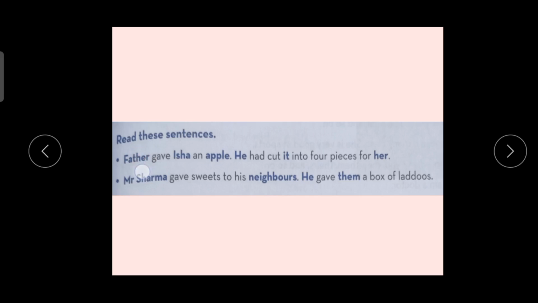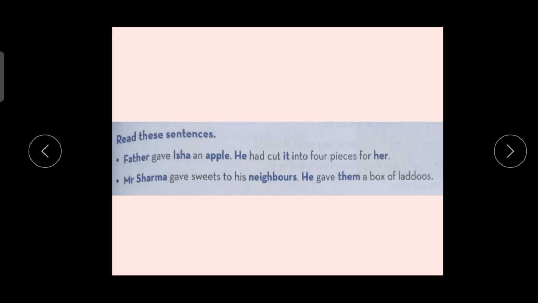See dear students, as you can see, in the first sentence you can notice the nouns father, Isha and apple. But in the next sentence we have used other words in place of father, Isha and apple.